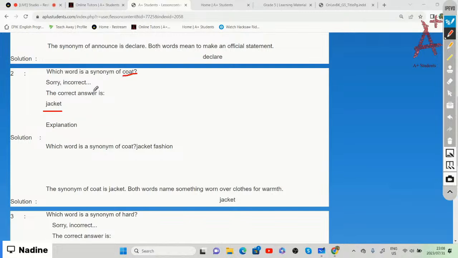So the synonym of coat is jacket. These two have similar meanings. Both are worn over clothes for warmth.